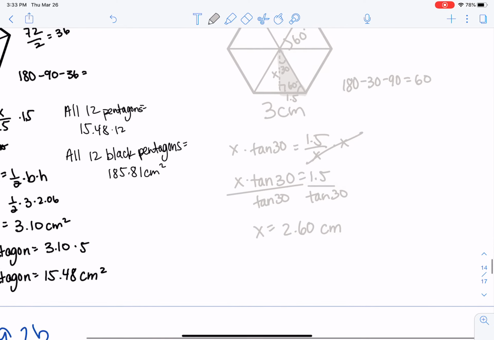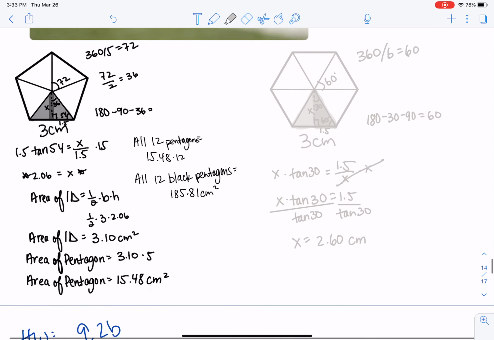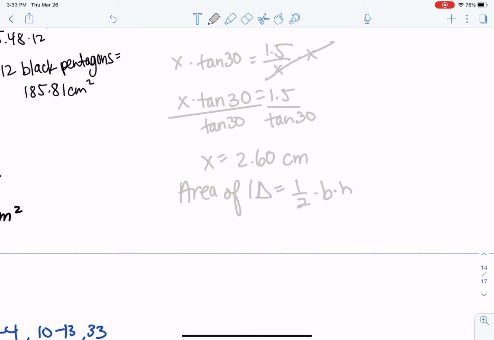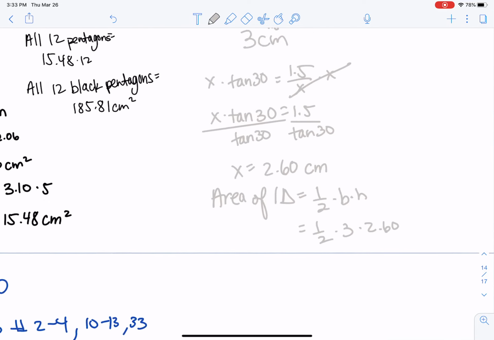So I can find the area of one of these triangles. So this whole thing by doing 1/2 times the base times the height. So area of one triangle is 1/2 times base times height, which our base is 3, the whole entire base, and our height is 2.60.